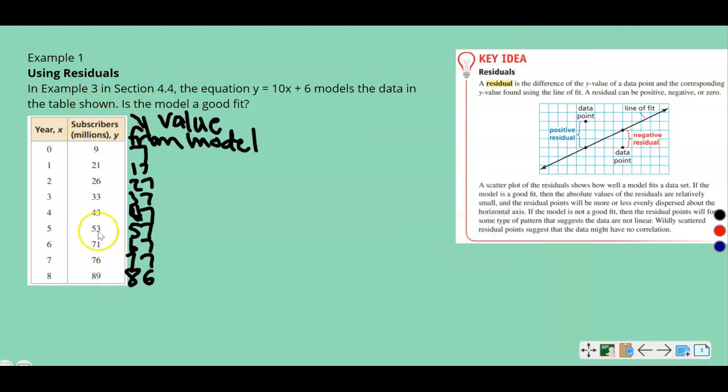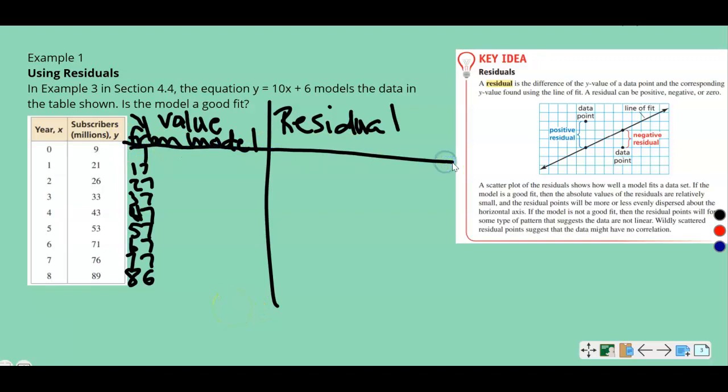Okay, so these are the actual points given. So if we want to find the residual, we just have to subtract. All right, the residual would be 9 minus 7, or 2.